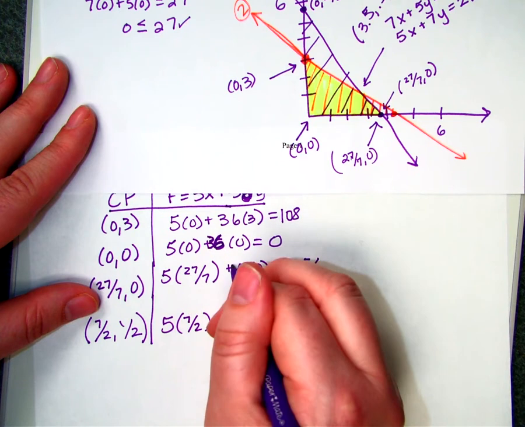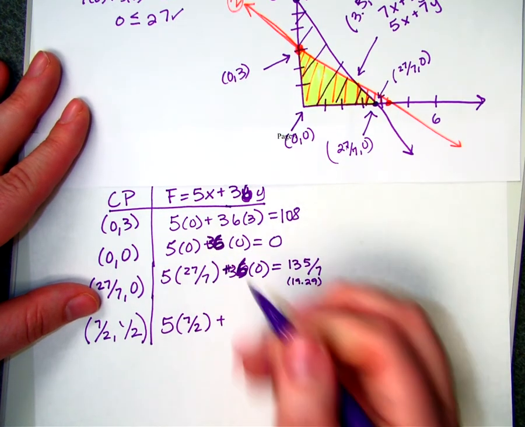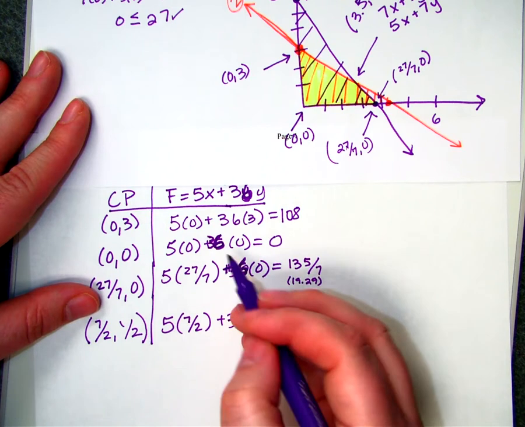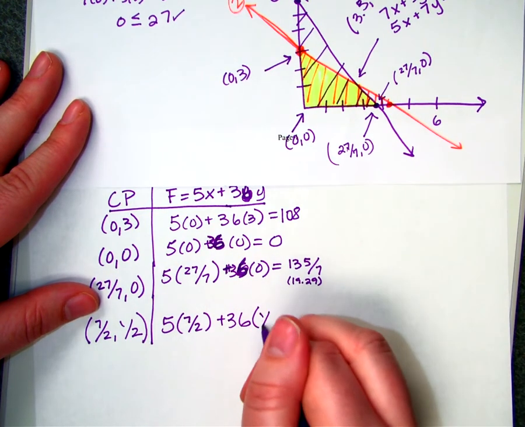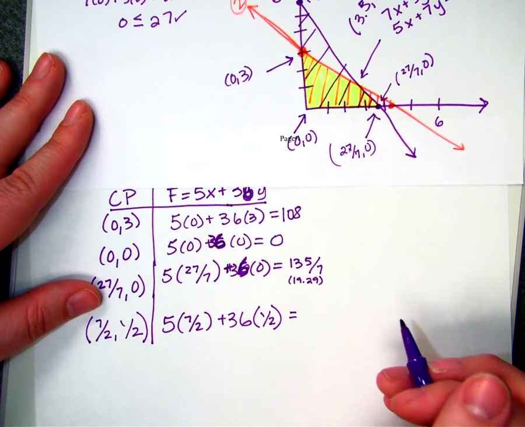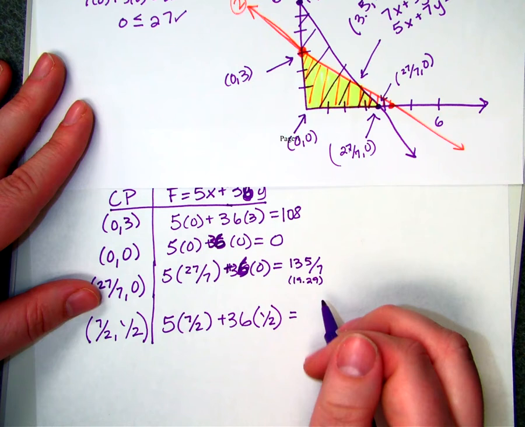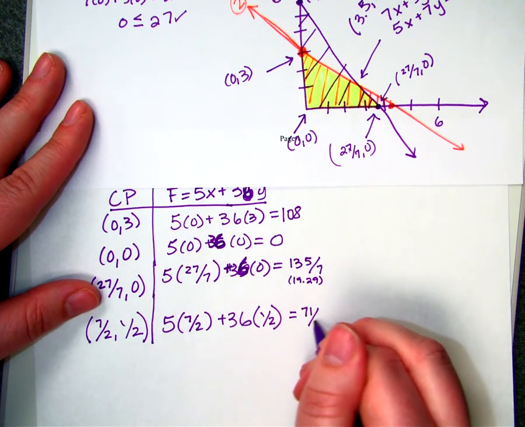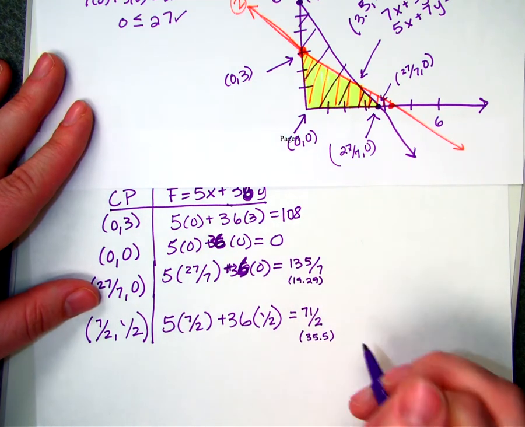Oh, I messed up. These are supposed to be 36s, aren't they? That's okay, thank goodness. They were both being multiplied by 0, so that didn't matter. We don't have to go back and recalculate. But we got it on that last one. 5 times 7 halves plus 36 times 1 half is equal to 71 over 2, or 35.5.